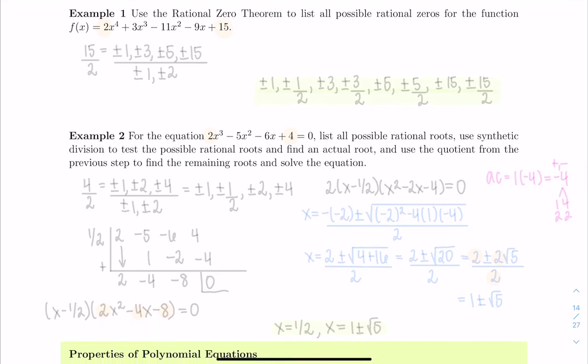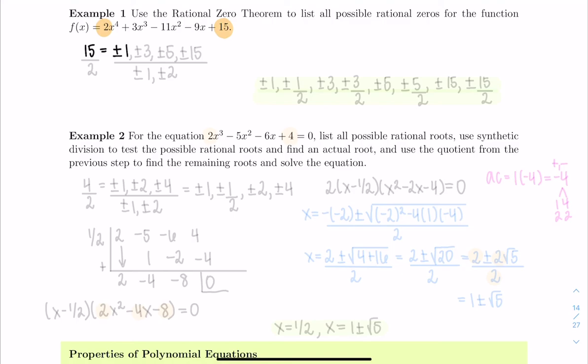So let's go ahead and use this theorem to list all possible rational zeros for the function f of x equals 2x to the fourth plus 3x cubed minus 11x squared minus 9x plus 15. So we are looking at just this constant term and the leading coefficient. On top are the factors of the constant term, and we use plus or minus.